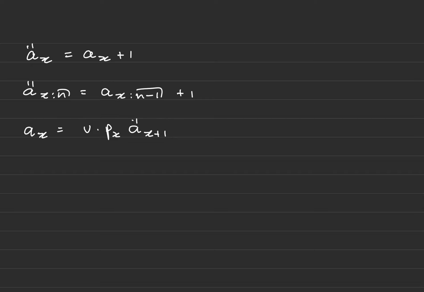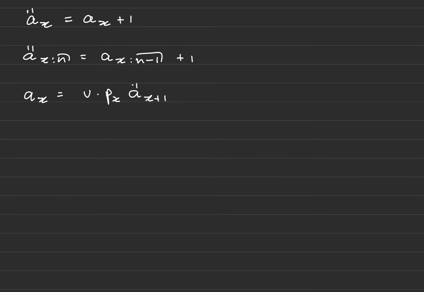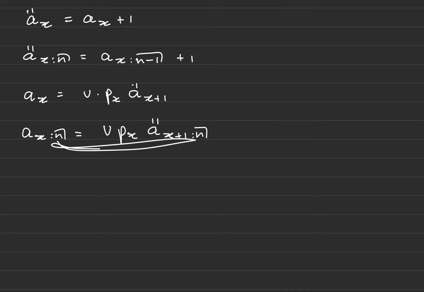Okay, then I have a similar situation except with temporary annuities. So this is a temporary annuity in arrears for n years. This is a temporary annuity to a life age x plus 1 now instead of age x for n years. Now the difference here is they're both paying n payments, so that's matching, that's fine.